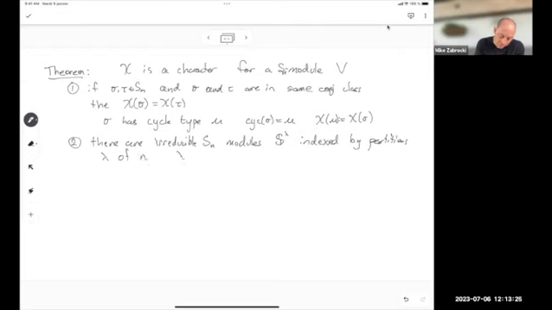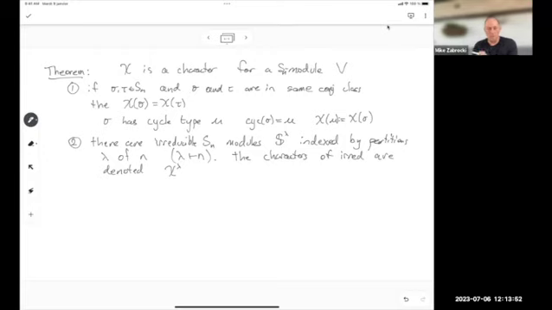So I'm going to say lambda is a partition of n. It's my notation. And the characters of those irreducible modules are denoted chi lambda.